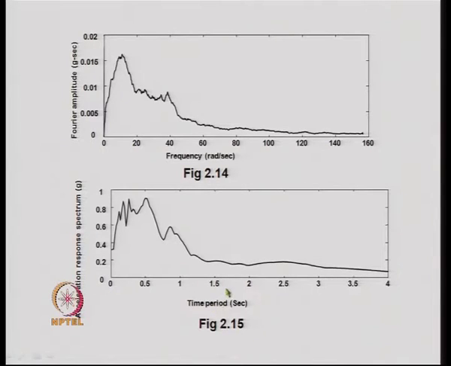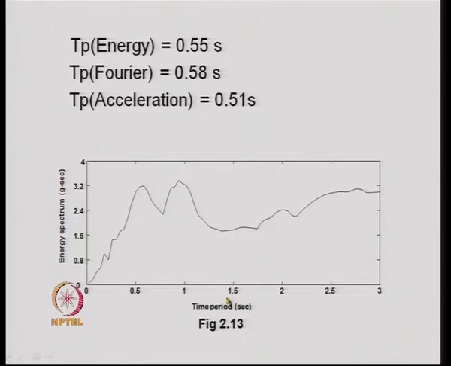Now, if we compare the peaks of these energy spectrum, Fourier spectrum and the acceleration spectrum, and find out where the peaks occur, we see that the energy spectrum peaks around 0.55 second, Fourier spectrum peaks around 0.58 second, whereas the acceleration spectrum peaks around 0.51 second.